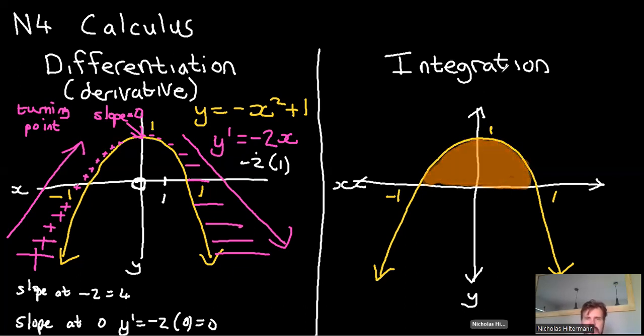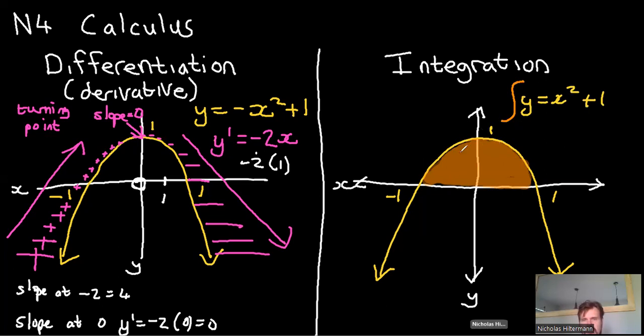So we know that this function is y equals x squared plus 1. The notation for derivative is y dash. For integration, if you want the area, they'll put this, and that means the integral.